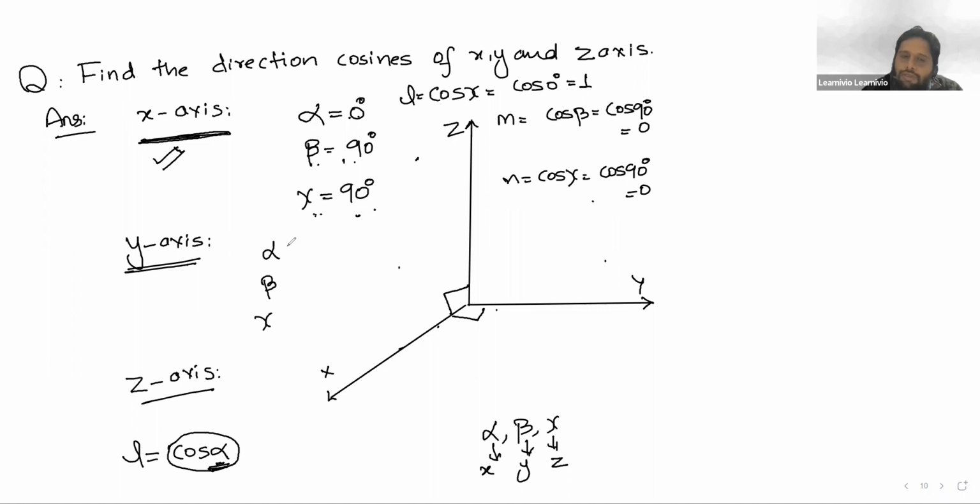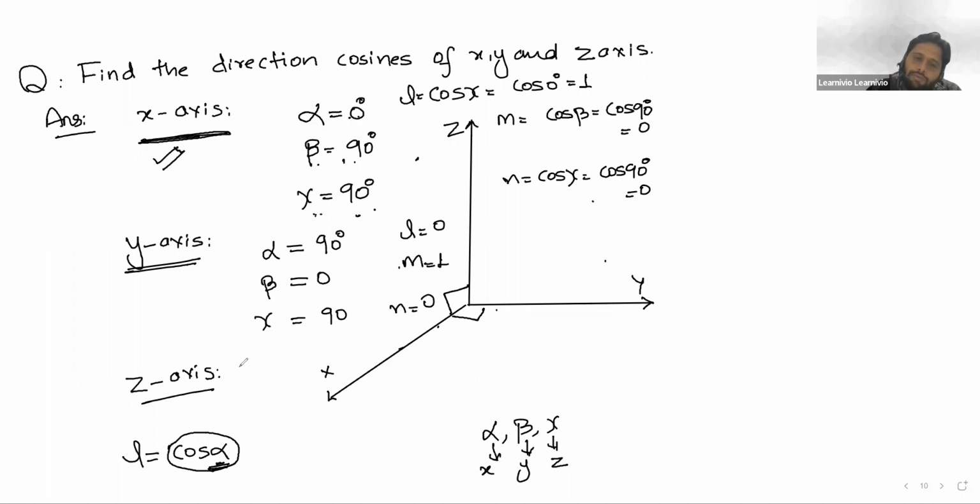Now for the y-axis, tell me what is alpha? For the y-axis, what is alpha, Umair? Yes, 90. Okay. What is beta? Very good. What is gamma? Very good, 90. So what you will get here, L is 0, M is 1, N is 0.